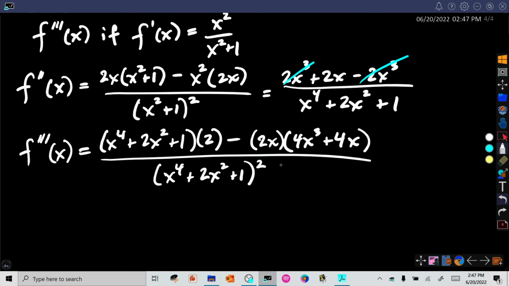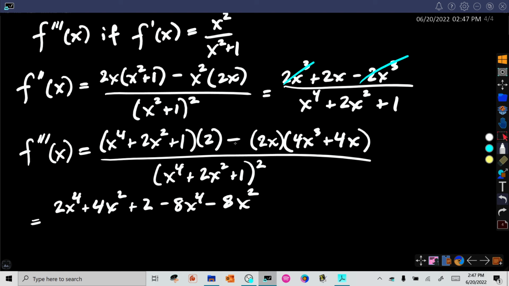And let's go ahead and simplify this if we can. I think we can. So we get 2x to the fourth plus 4x squared plus 2 minus 8x to the fourth minus 8x squared.